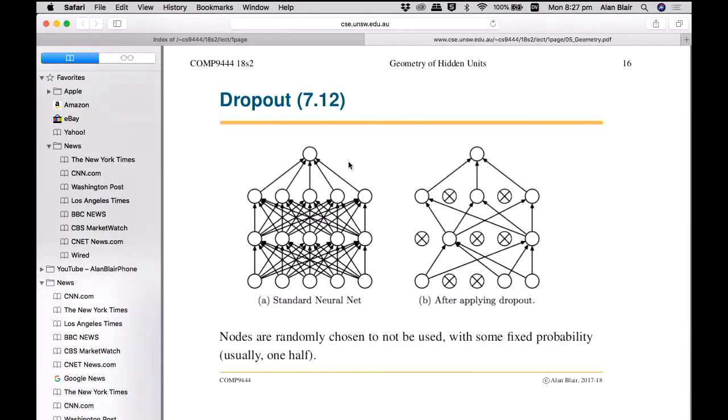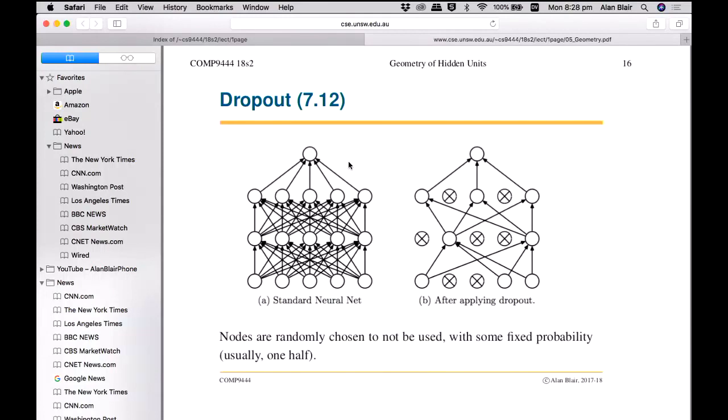Let's think about this in relation to image processing. We randomly select some fraction of the nodes in the network which are not going to be active, not going to be used for this particular set of images.